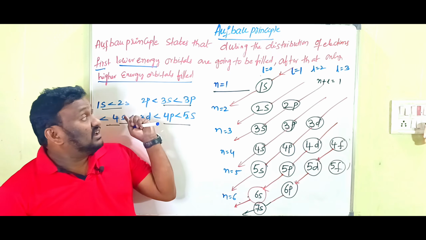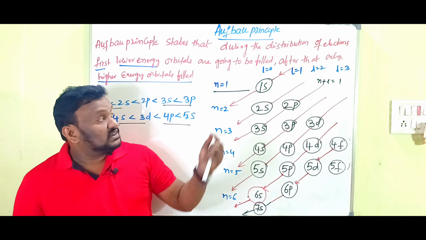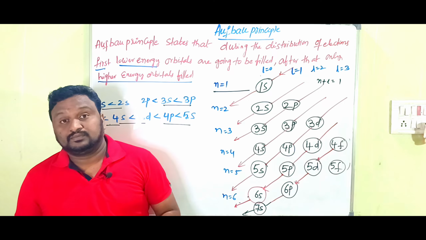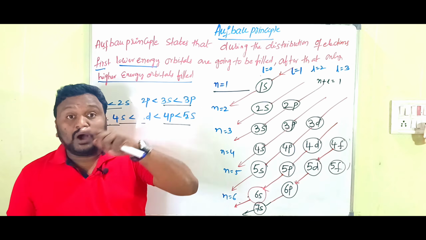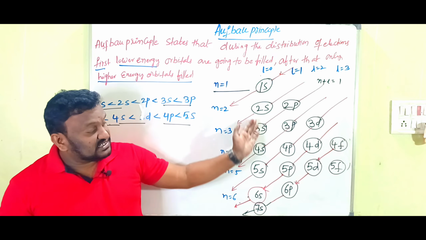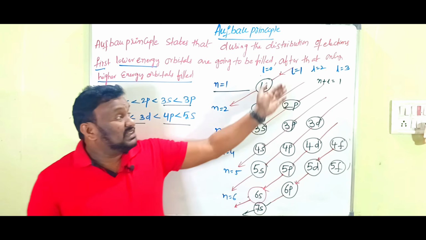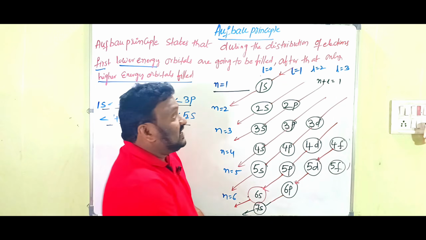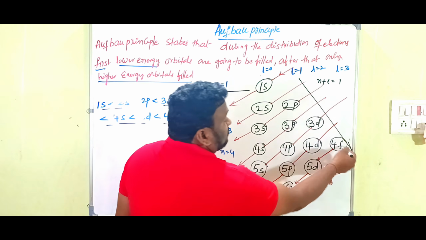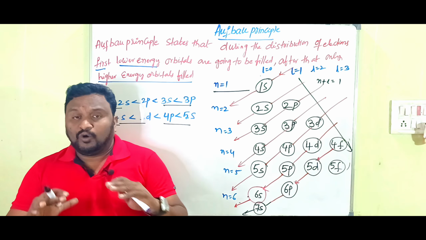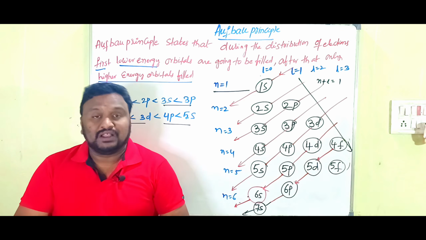This is the order you have to follow: first 1s, next 2s, next 2p, next 3s, like that. Children, observe that while distributing the electrons, the n plus l values increase in this manner. Clear? So this is simply the Aufbau principle up to your school level.